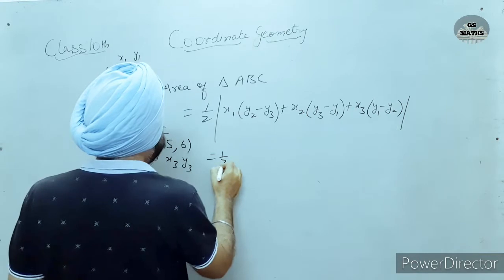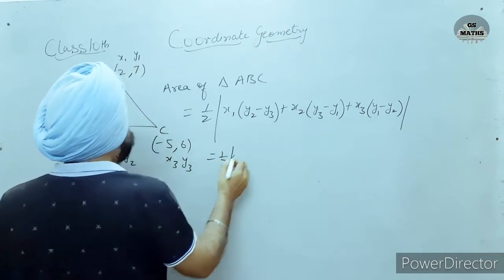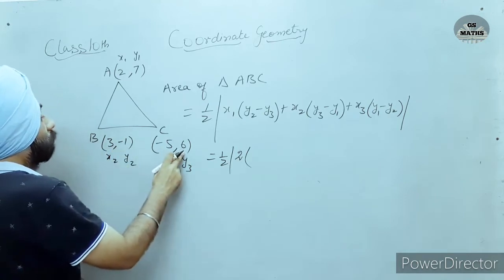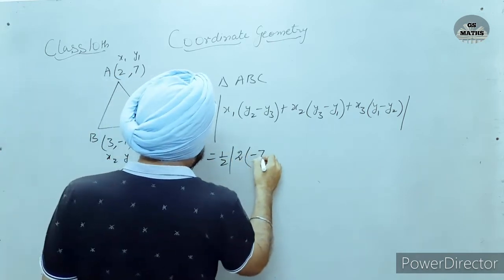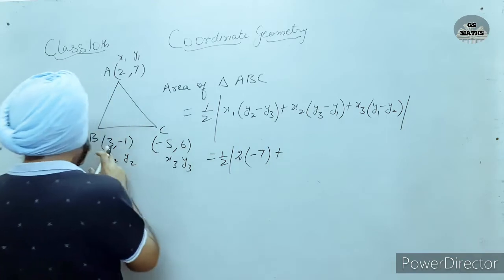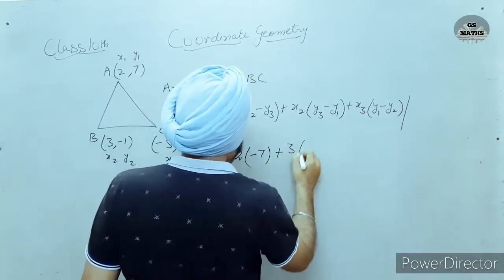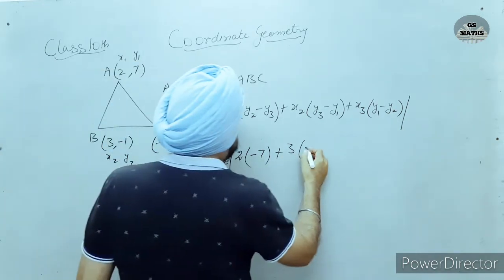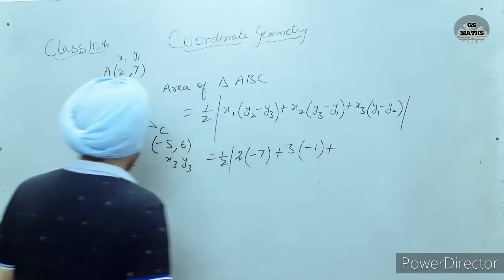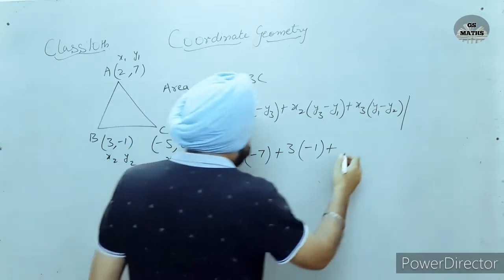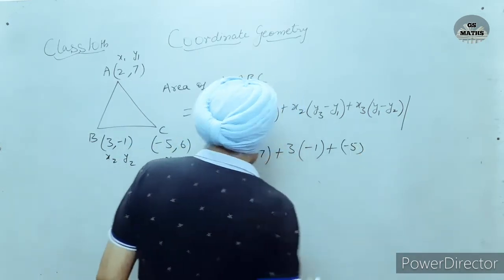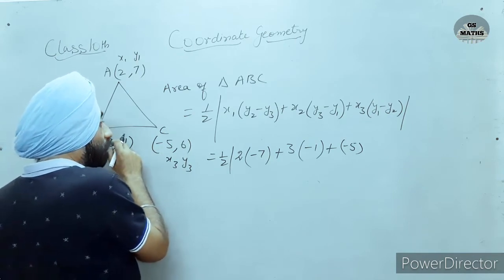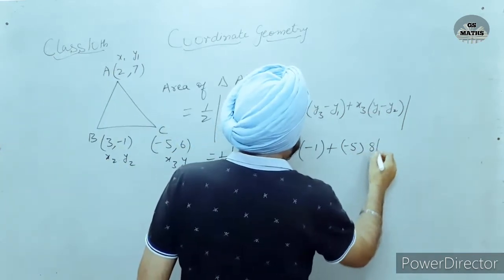This is half. What is x1? x1 is 2. What is y2? Minus 1 minus 6, minus 7, plus what is x2? 3, y3 6 minus 7 minus 1, plus what is x3? Minus 5 and y1 minus y2, 7 minus minus 1, that is 7 plus 1, it becomes 8.